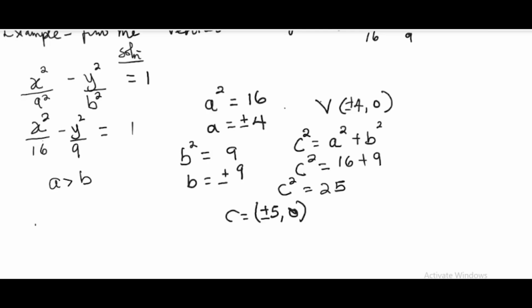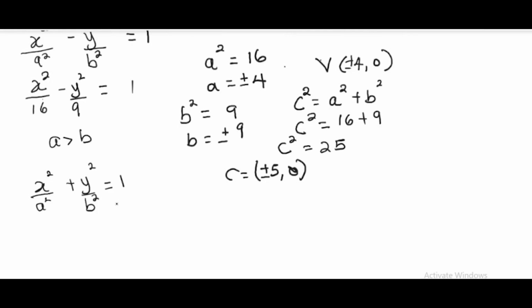If the standard equation is x squared over a squared plus y squared over b squared is equal to 1, it means that the tangent, that is at the point x1 comma y1, is a straight line that touches the curve at one point.